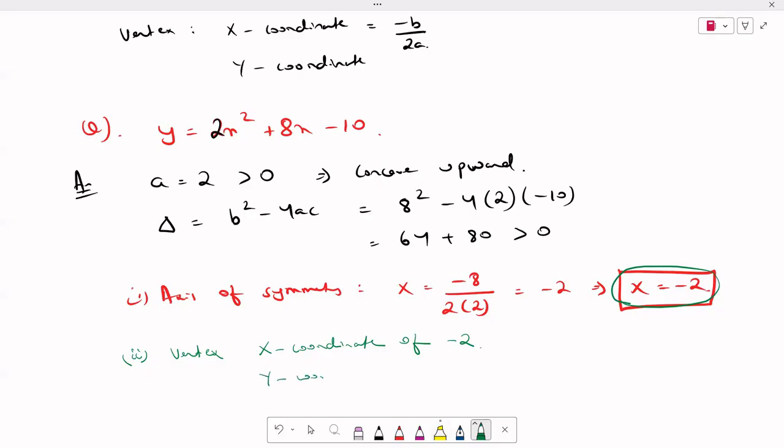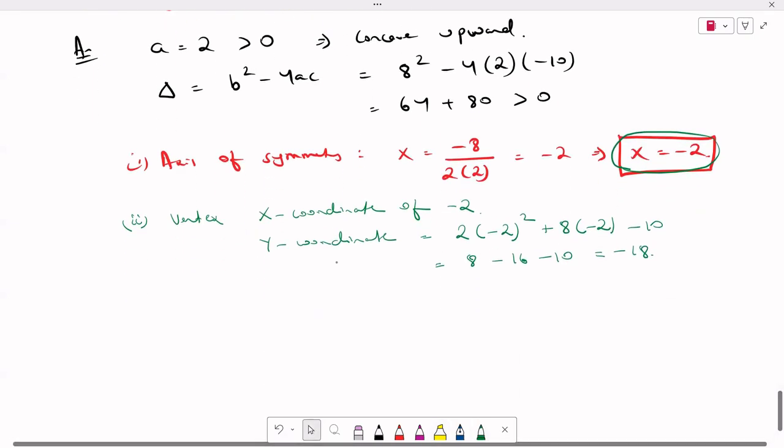So y = 2 times (−2)² + 8 times (−2) − 10. That gives 8 − 16 − 10. 8 minus 16 is −8, minus 10 is −18. So the vertex has coordinates (−2, −18).